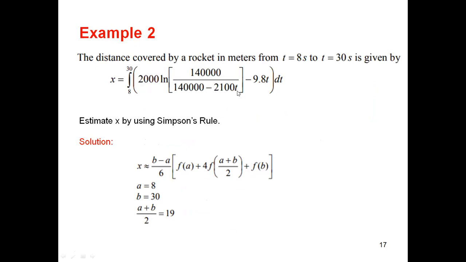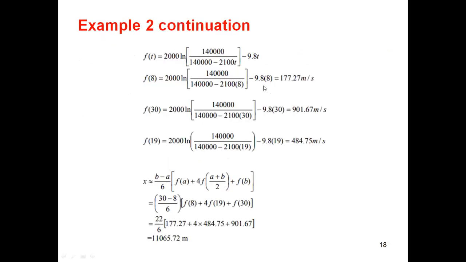This is where you get the values of the functions that you have here. So you have, anyway, it's written here already, 177.27, 901.67, and 484.75. You place it in here.